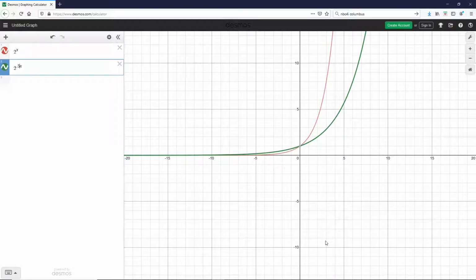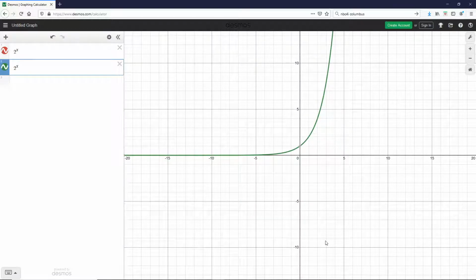So what we did was stretch the graph about the y-axis by a factor of 2. For example, we originally had the point 1, 2, now it's at 2, 2.